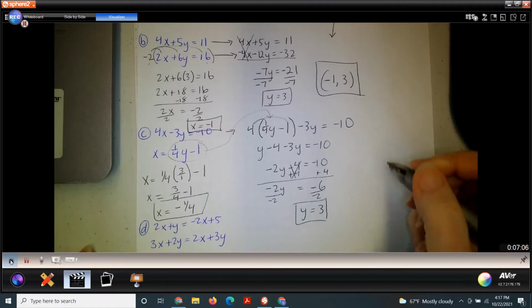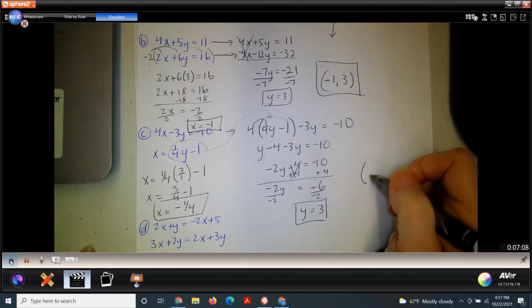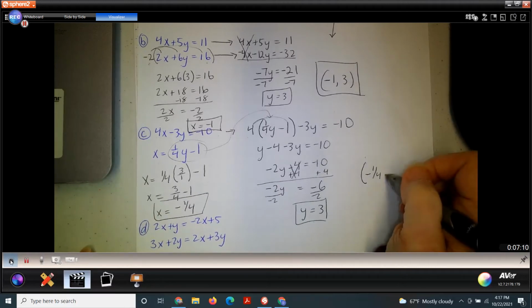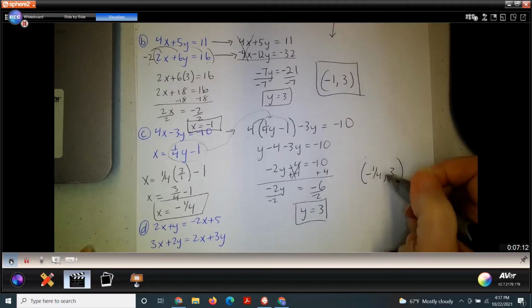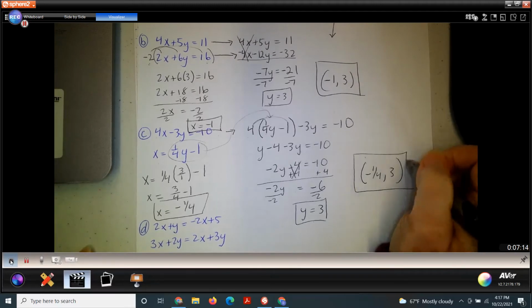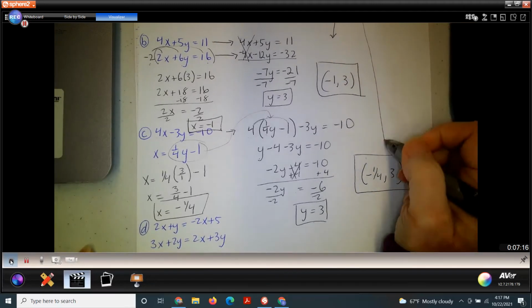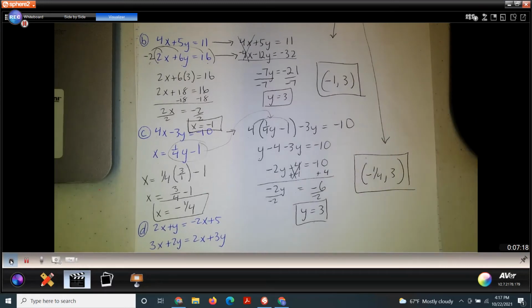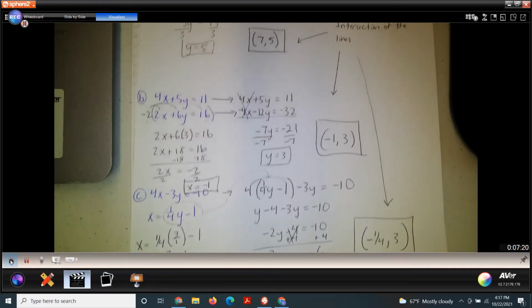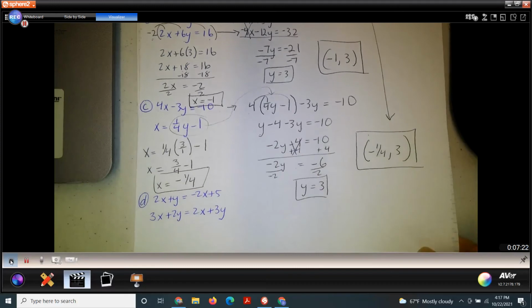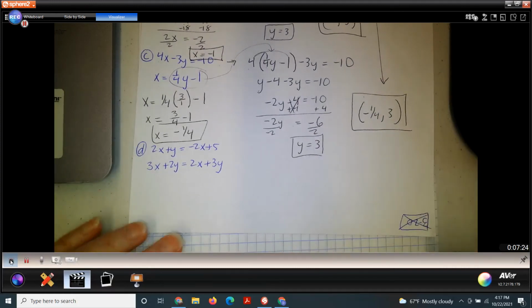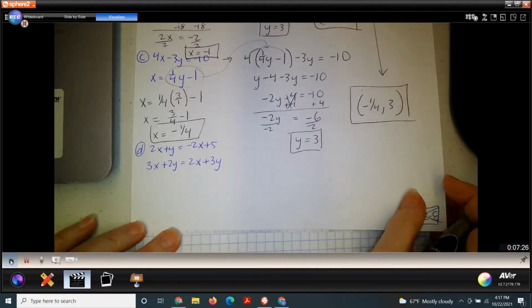So that's x. So now I know that the lines intersect at negative 1/4, comma 3. So far, we keep having these two lines and they keep intersecting. Here's the last one.